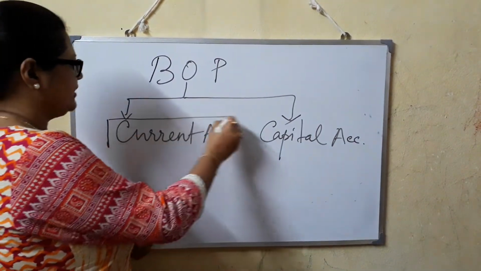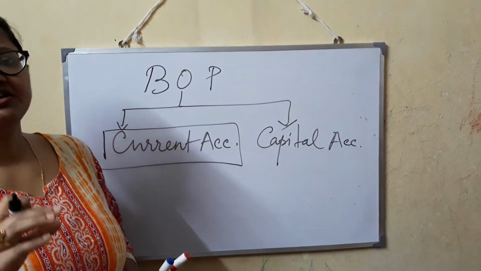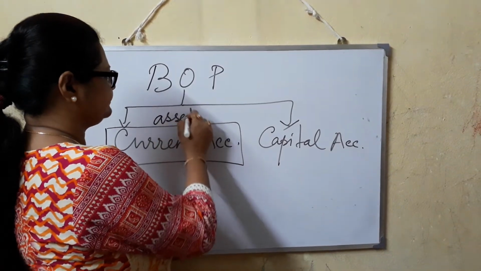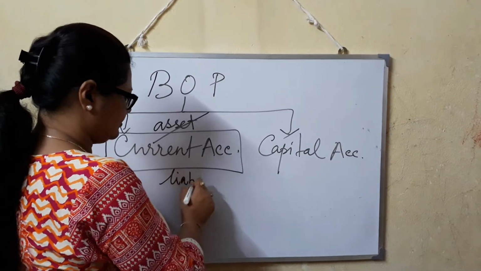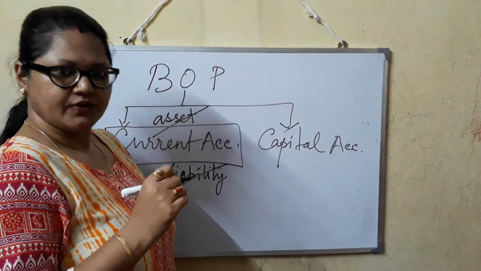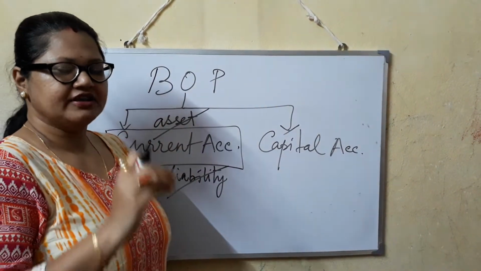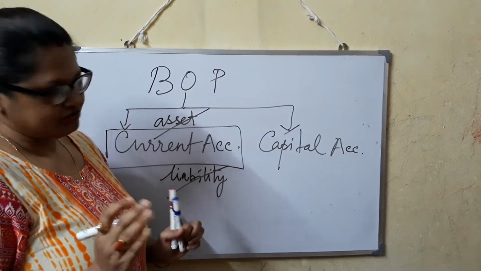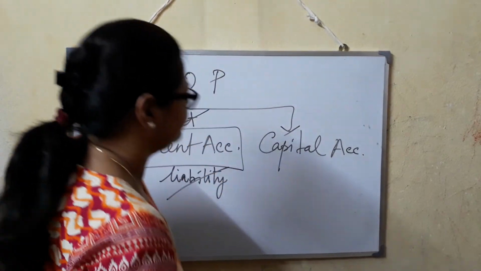Current account is always considered for a particular year or in a financial year. That means it doesn't create any asset, doesn't create any financial liability. That means current account will be considered for the ongoing year or the financial year as per the statement. Alright? Now let's begin with the components of this individual accounts.